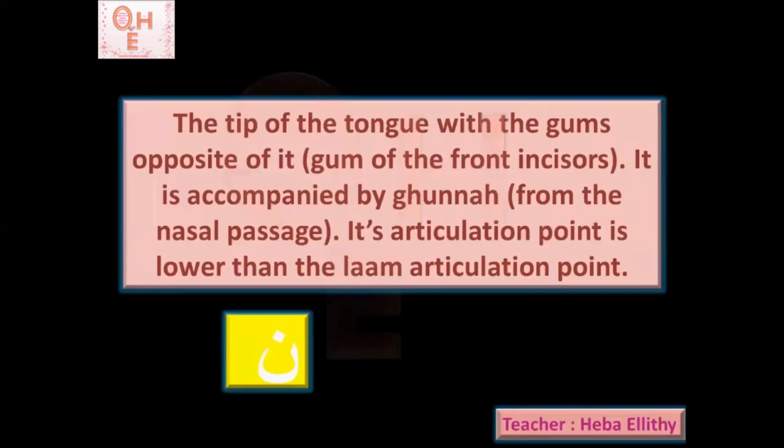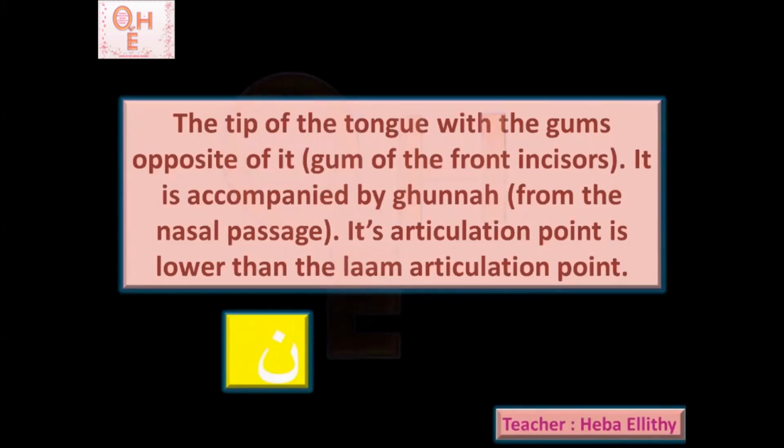Today, inshallah, we will talk about the first articulation point here, which is letter Noon. تخرج من طرف اللسان مع ما يحاذيه من لثة الثنايتين العليتين تحت مخرج اللام قليلا ويصاحبها غنة من الخيشوم. This is Noon, and this is the articulation point of Noon.